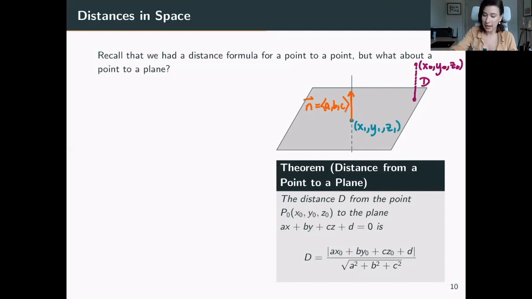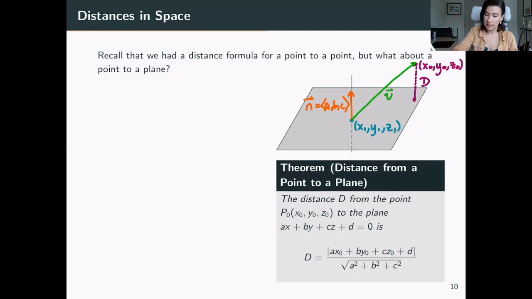Now I have a vector that I can call v that's going to go from x1, y1, z1 to x0, y0, z0. From v, I can project v and look at the shadow, and in this case, a long shadow, onto the vector n.